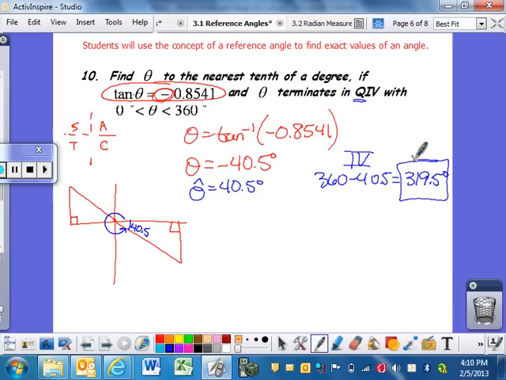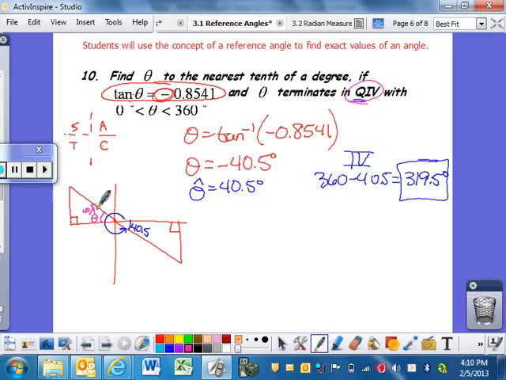And technically this question only asks for the fourth quadrant one. If I would ask you for any angle, we need to think, is there another quadrant where tangent is negative? And I said yes, second quadrant. I can put my theta hat, my reference angle, into the second quadrant as well.